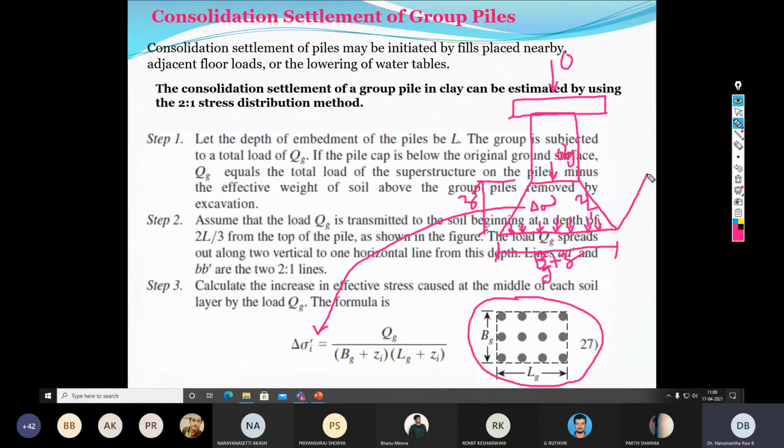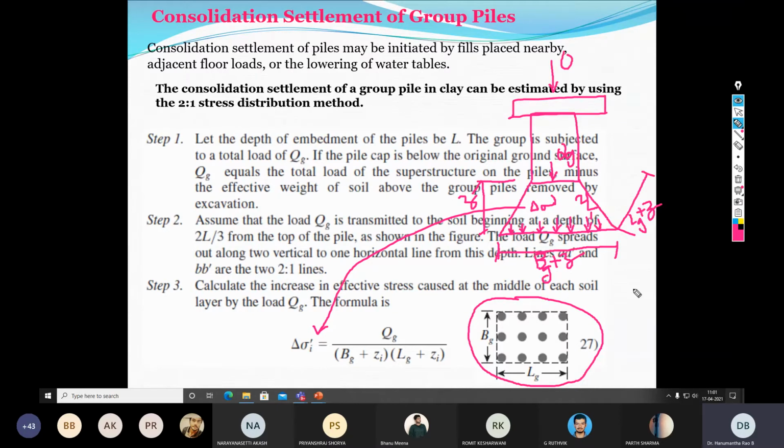And similarly in the other direction, it will become LG plus Z. So this BG plus Z and LG plus Z we understood when we dealt with the shallow foundation consolidation settlement. The same philosophy is valid in the case of the pile group as well for calculating the pile consolidation.